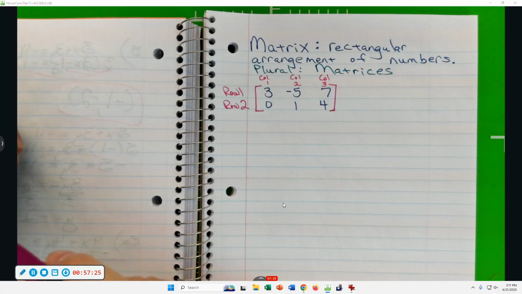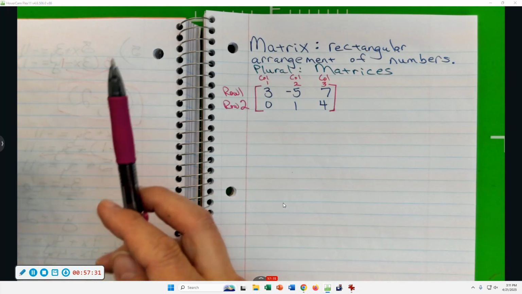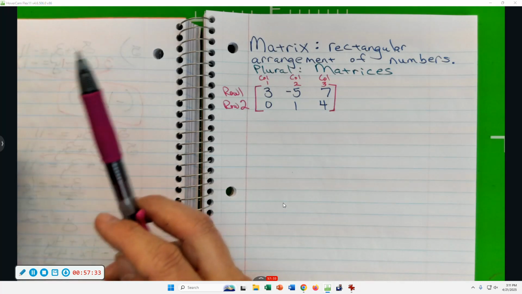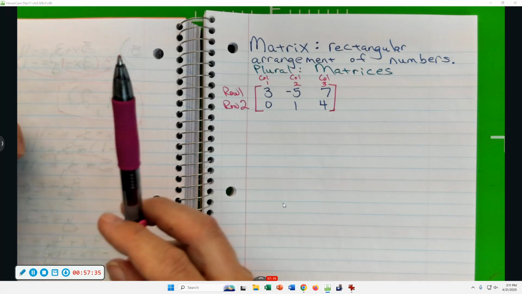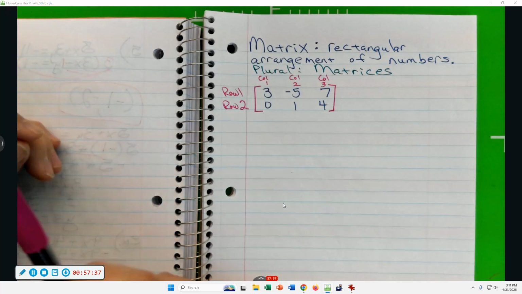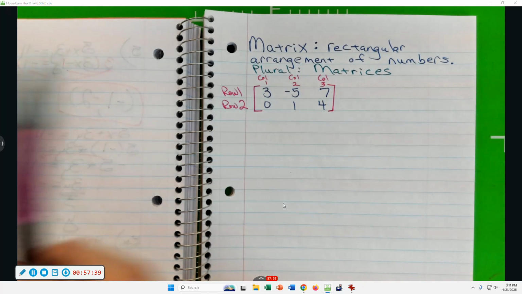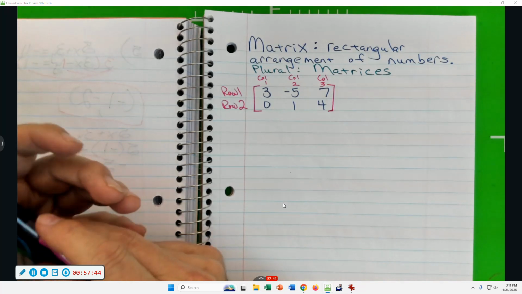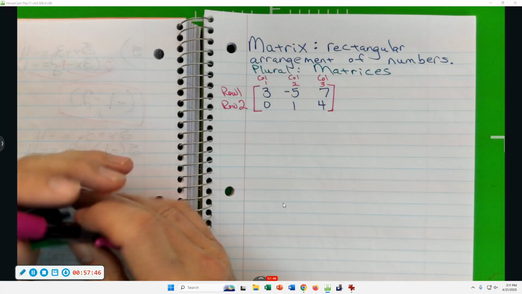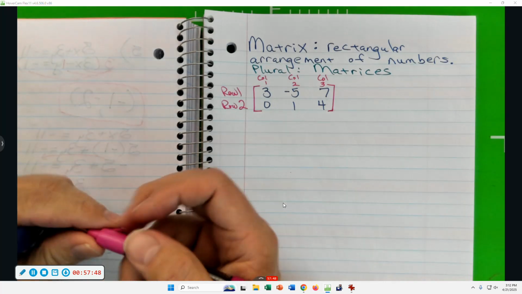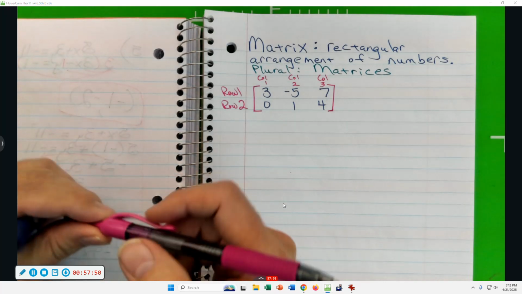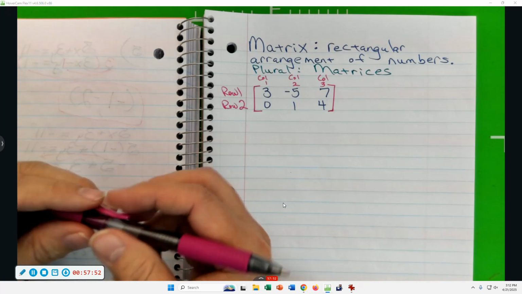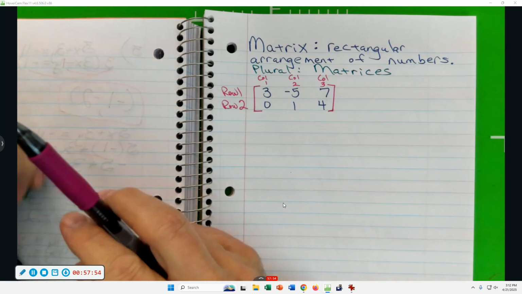The size of a matrix is identified using the number of rows and the number of columns, just like the size of a rectangle. Let's say you have a rectangular living room and you're buying carpet, and they're measuring the size. You don't just go into the flooring store and say, I have a living room and its size is 10. No, you give the dimensions, the length by width.